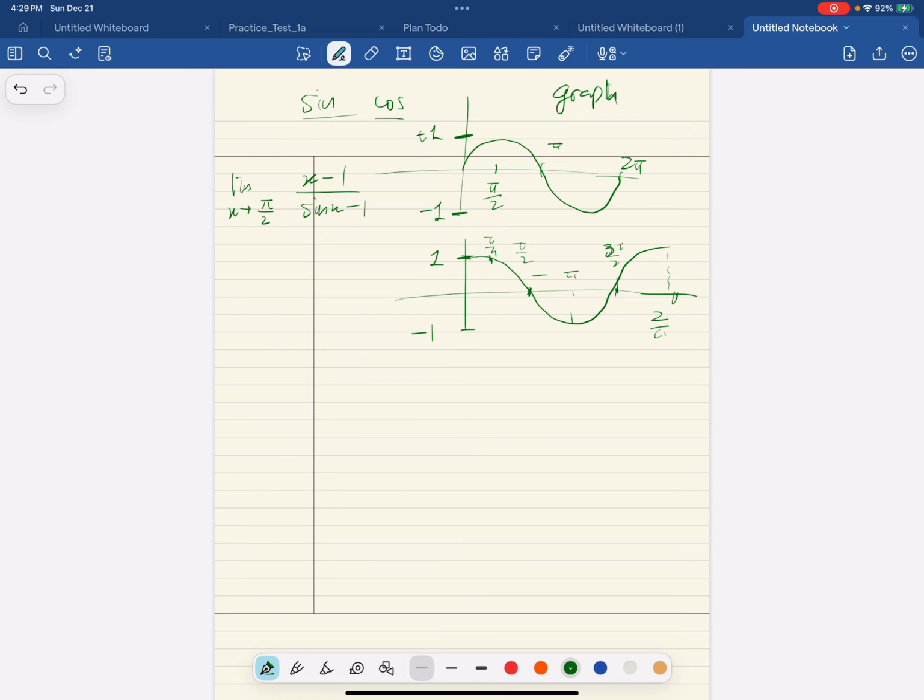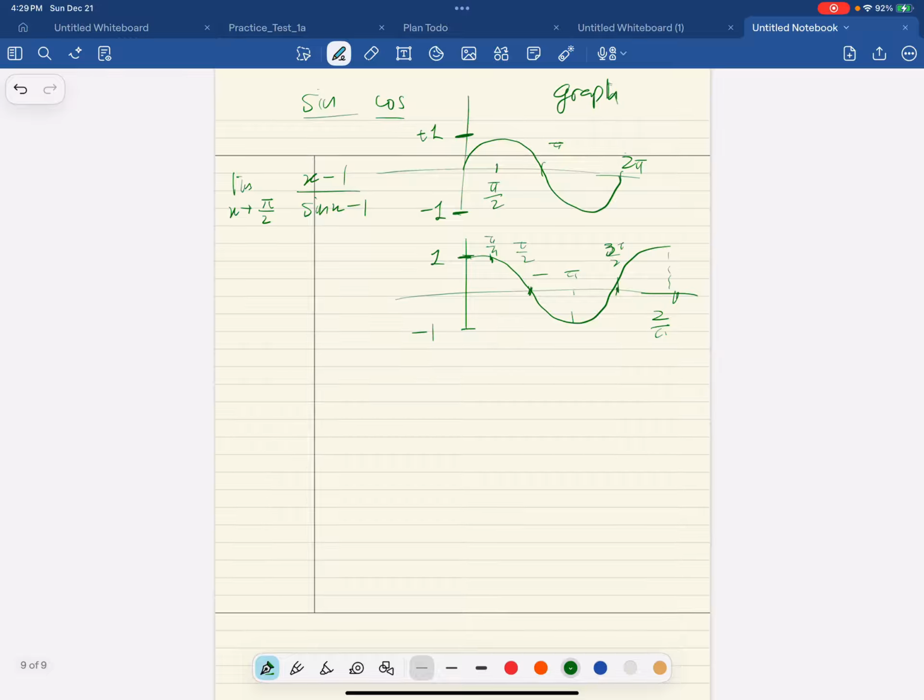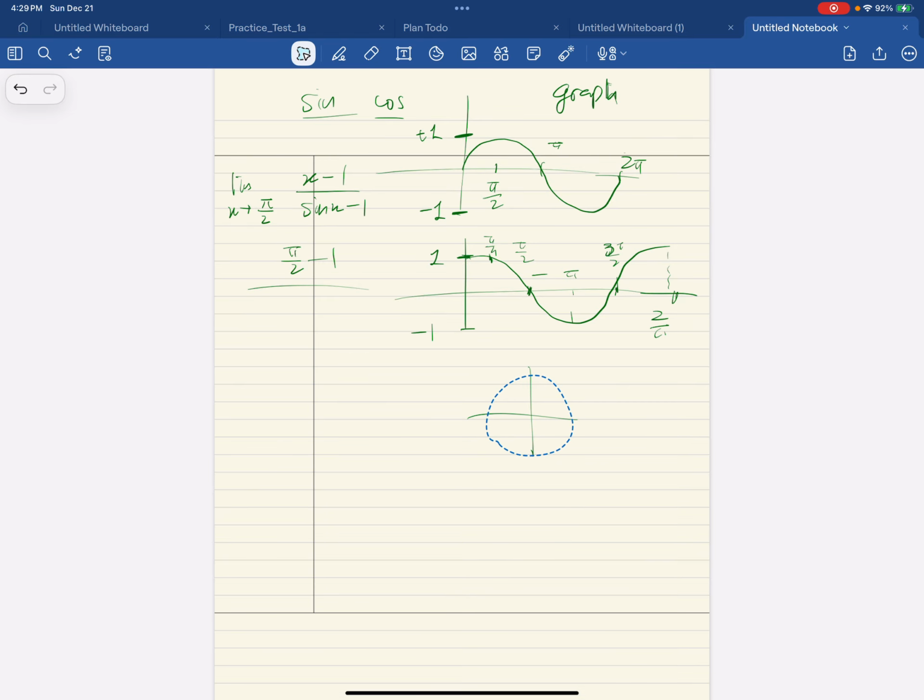So coming back to this problem, x approaches pi over 2. First of all, if you plug it in, it's going to give sine of pi over 2, which, if you know your trig, gives 0. Oh no. Sine of pi over 2, why is it?